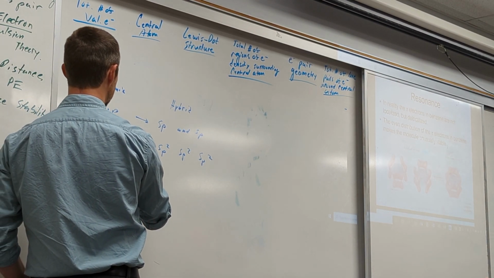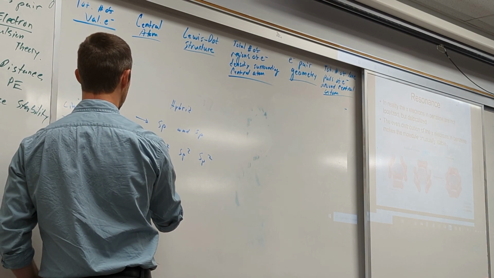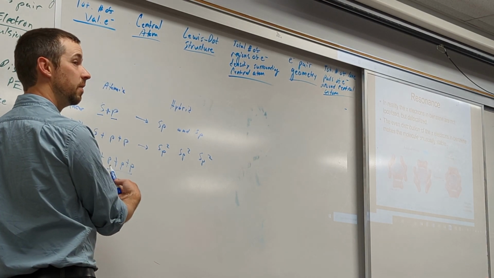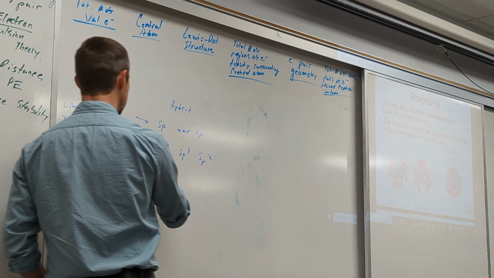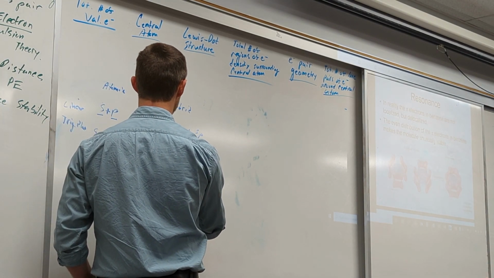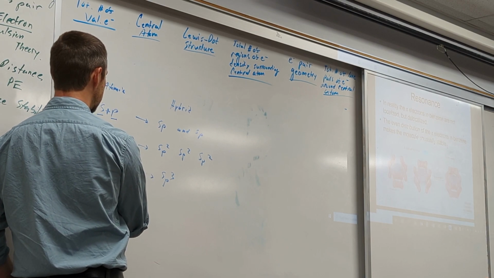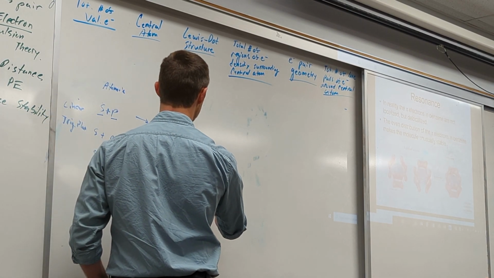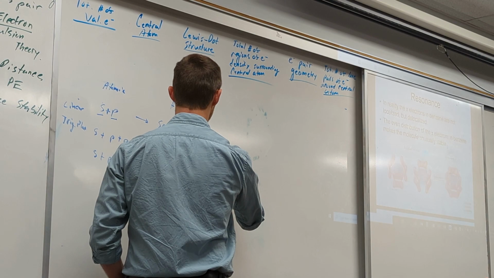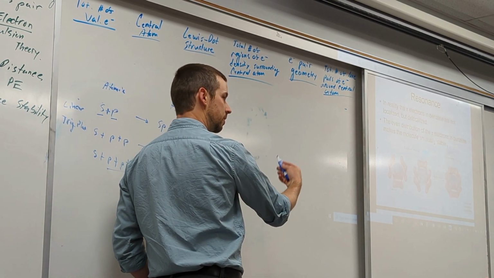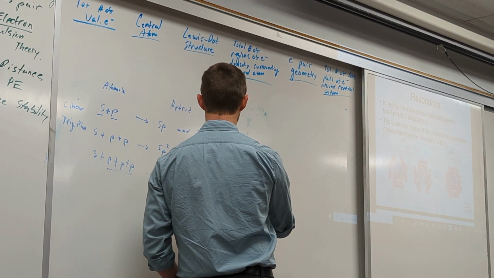So S plus all 3 P sublevels, if they hybridize with the S, then you create sp3. How many times? 4 times. 1, 2, 3, 4 atomic orbitals produces 4 hybridized orbitals. So in essence, the number of orbitals is a conserved quantity for our purposes.